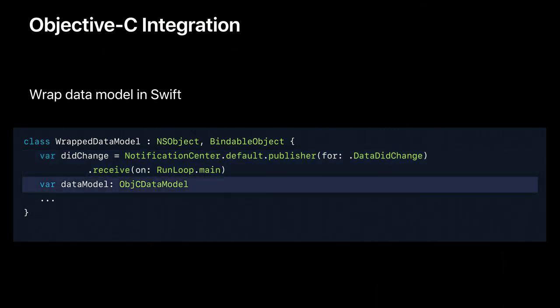And then we just have a reference to our Objective-C data model. The way this works is, in your wrapped hosting controller, you would pass a pointer to your Objective-C data model, and in your hosting controller, you can create your wrapped data model, assign it your Objective-C data model, and pass your wrapped data model to your SwiftUI root view. And with just those two simple wrapped classes, you now have seamless integration with SwiftUI and your Objective-C code.